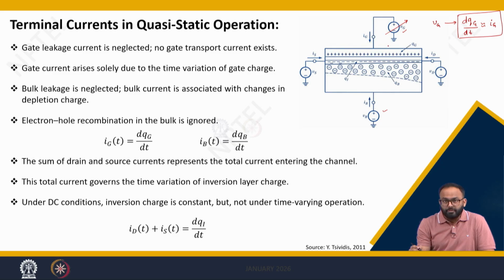By changing Vb or Vg, the depletion charge changes. Let us say the depletion charge increased by a very small amount, delta QB, right, because in the initial freeze-out condition or in the DC condition, the charge neutrality holds good, in the sense the charge was balanced and the system was stable.